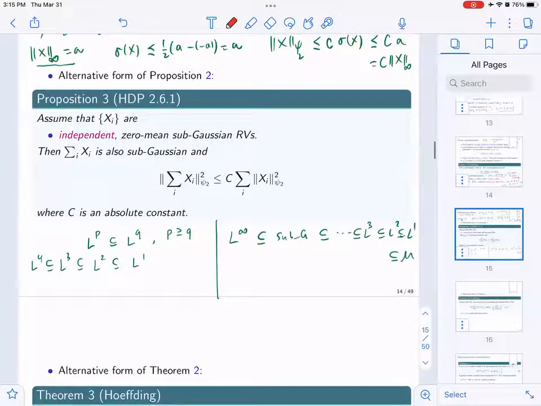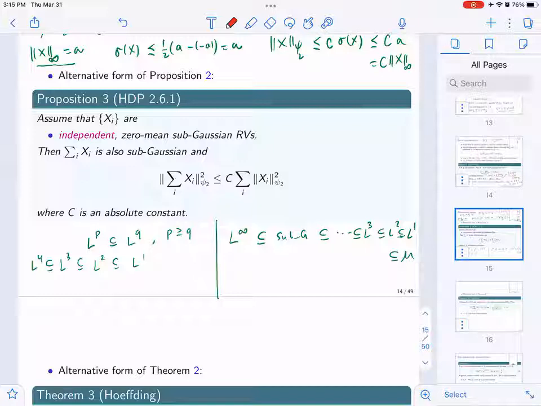One final thing before we move on. You can restate everything that we did before in terms of this norm. For example, if I have a bunch of independent zero-mean subgaussian random variables, the sum is subgaussian, and the subgaussian norm squared is up to a constant the sum of the subgaussian norms squared. This is like saying sigma squared is less than or equal to the summation of sigma i squared, but now I have to pay a constant because before there was equality, and here the two sides correspond to the norm only up to constants.